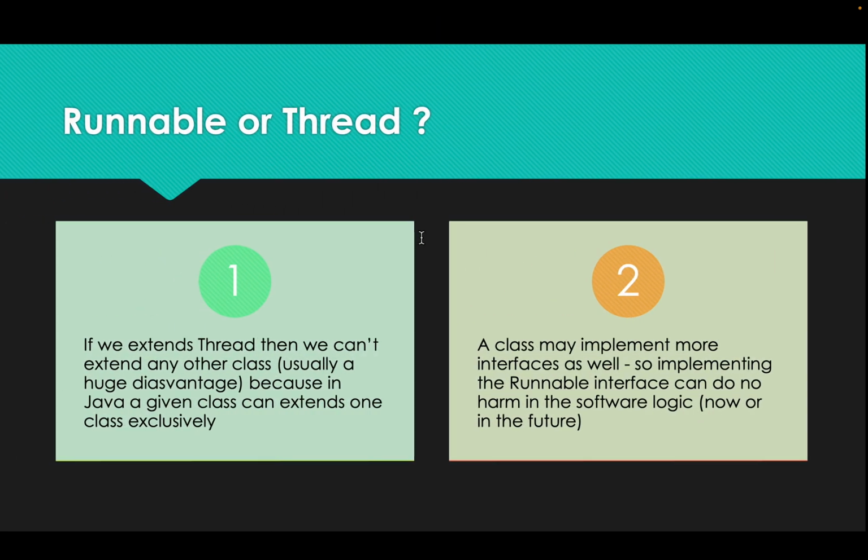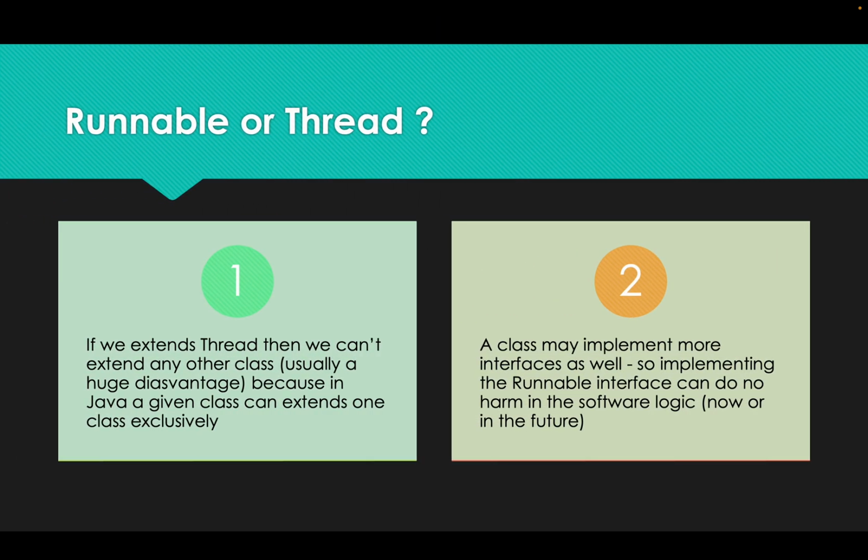So which approach is better? If we extend the Thread class, we cannot extend any other class. So it might not work for us if the class is already extending a class in an inheritance hierarchy. So we run out of this option, and the one which I personally prefer is implementing the Runnable interface, because a Java class can implement as many interfaces as it wants. So implementing yet another interface that is Runnable won't do any harm to the software logic.